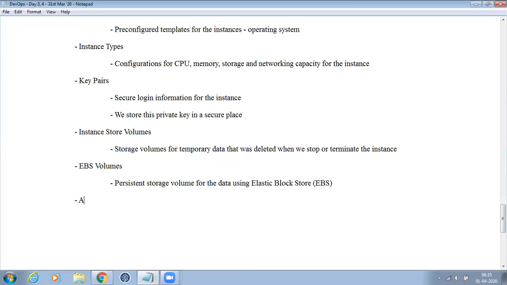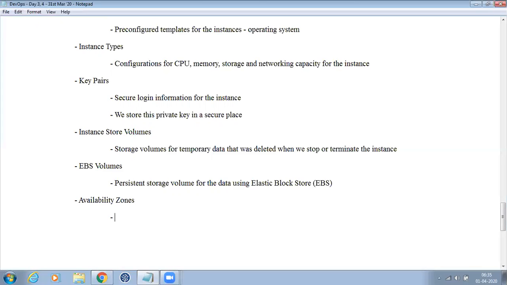Next we have availability zone or availability zones, whatever it might be. This we already understood, right? What is availability zone?